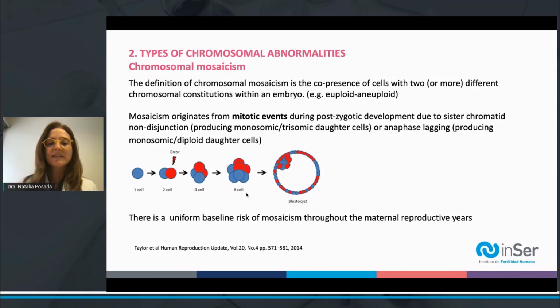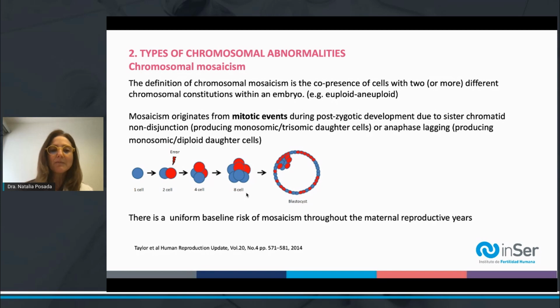In other words, once the egg has been fertilized and it begins to divide its cells, one cell may have a mitotic event, either due to a non-disjunction of a sister chromatid or to an anaphase lagging of one of the sister chromatids. And so the daughter cells of this cell who had the mitotic event will be affected by aneuploidy, but not the rest of the cells within the embryo.